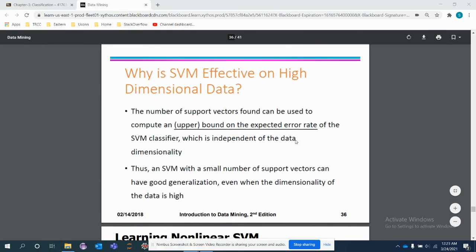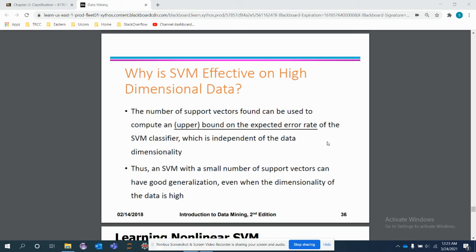Some more advantages of why it is applicable on high dimensional data. SVM is a kind of large margin classifier. It is a vector space based machine learning method where the goal is to find a decision boundary between two classes that is maximally far from any point in the training data.